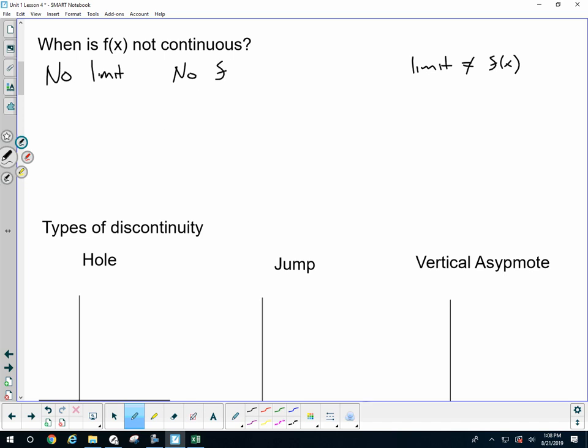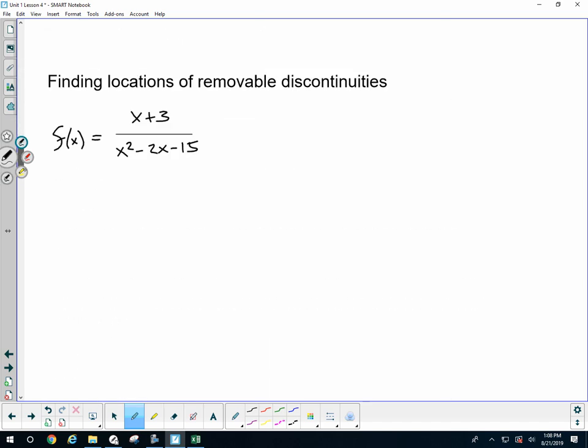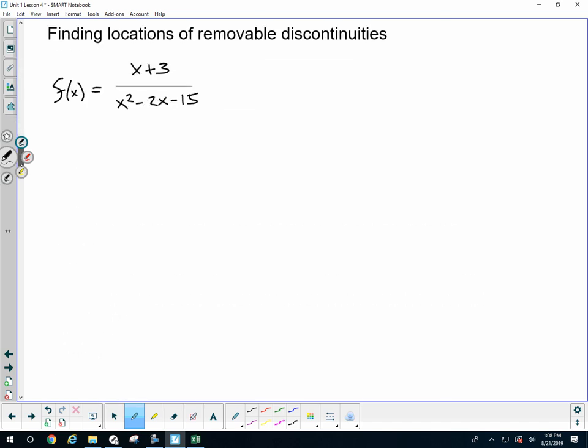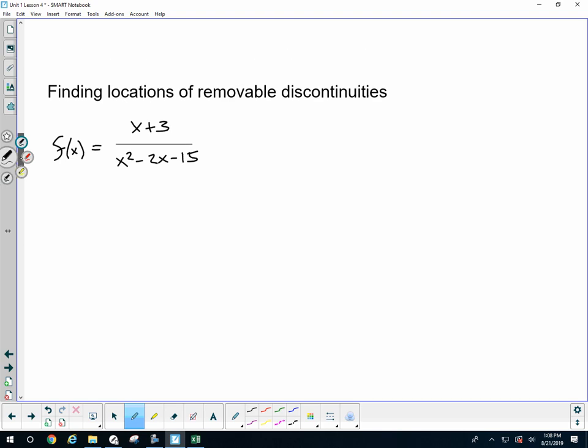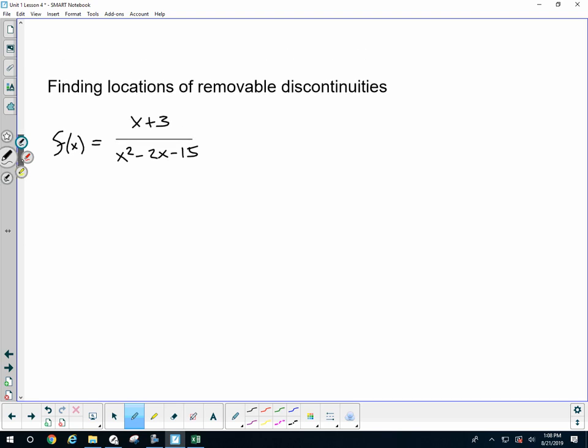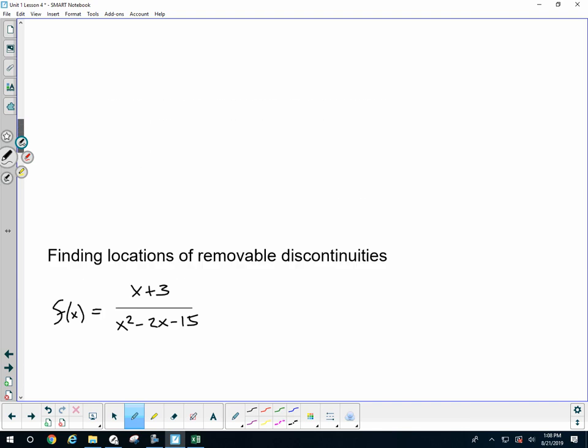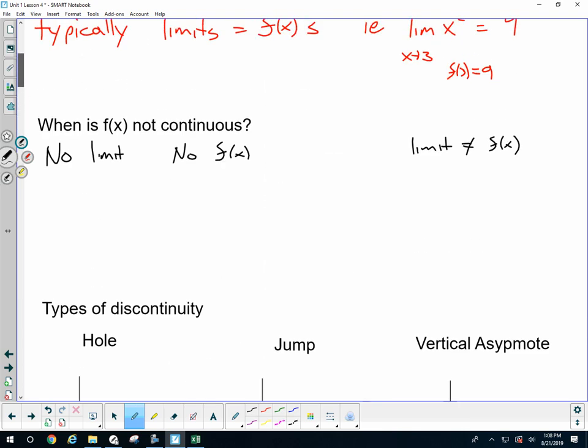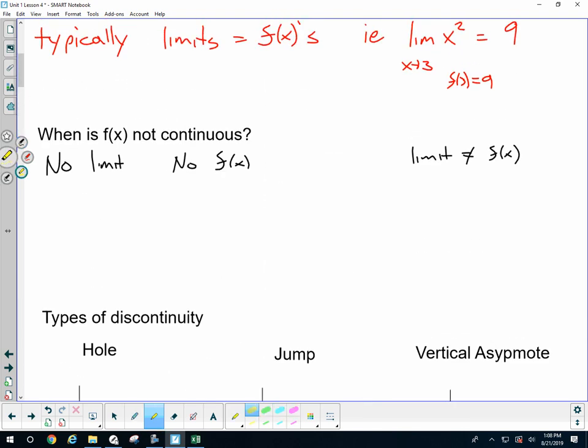Now, for most of the examples we're going to start with, we're going to be looking at expressions like this. And if I give you an equation like this, what you will find is that the discontinuities will be locations where there isn't a function value.